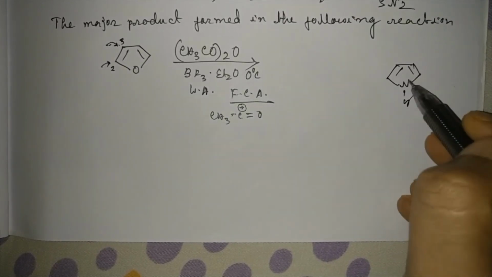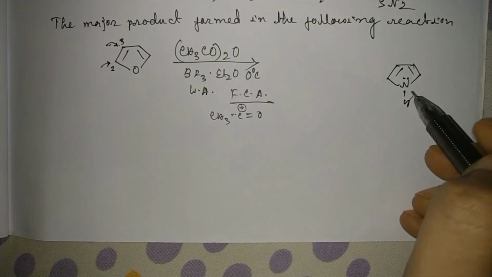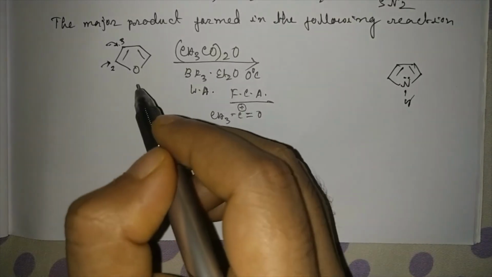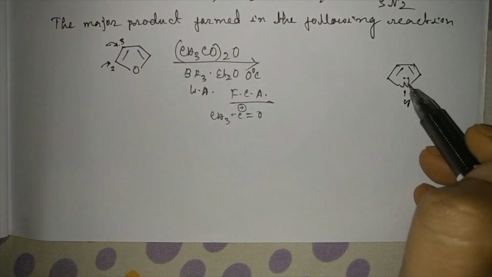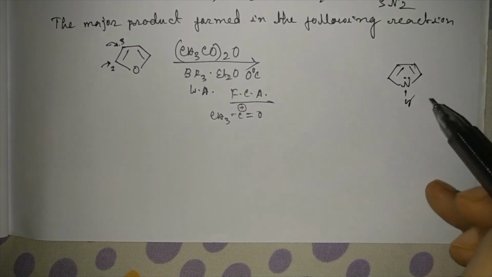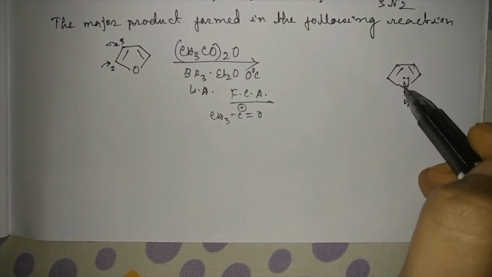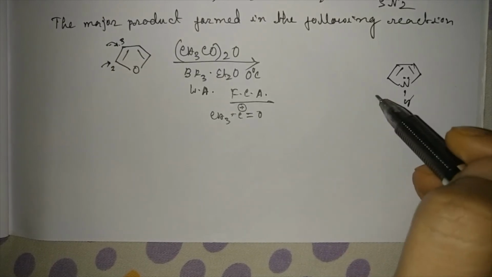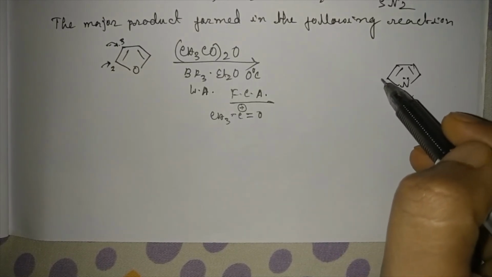In pyrrole, nitrogen has lower electronegativity than oxygen, so the electron density donated into this ring is much higher. So in this condition, more than one electrophile will come.